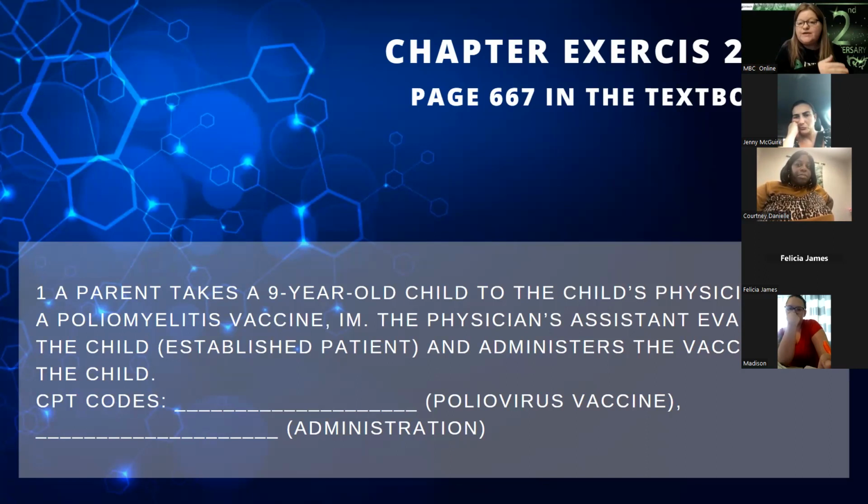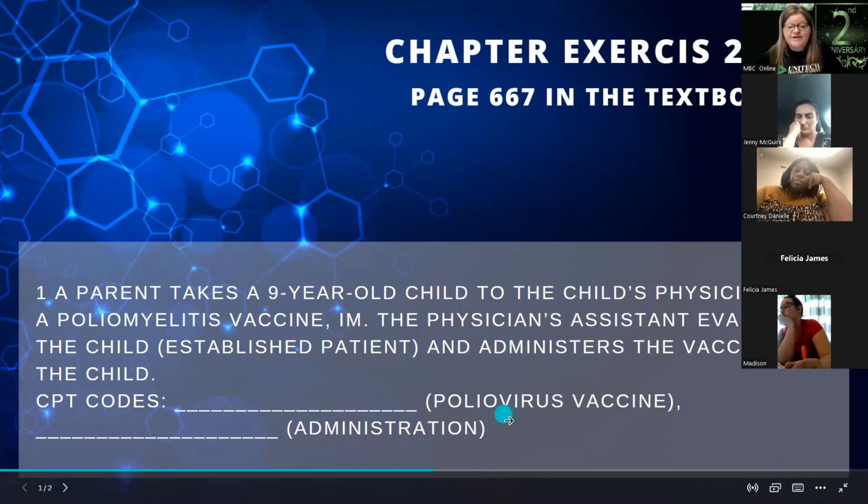It'll tell you what code, and then you need to go into the tabular and verify that that is the correct code. You don't ever stop at the alphabetic index. Never, ever, no matter what you're coding, never. You always double verify in the tabular, because there's stuff in the tabular that they don't put in the alphabetic index that may change the code. Okay, so that is correct.